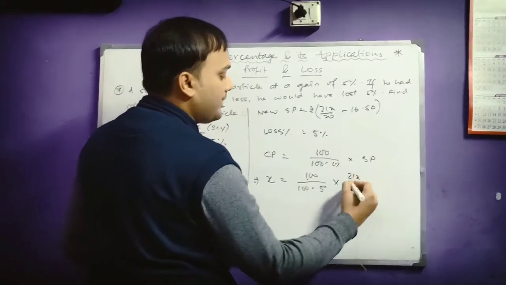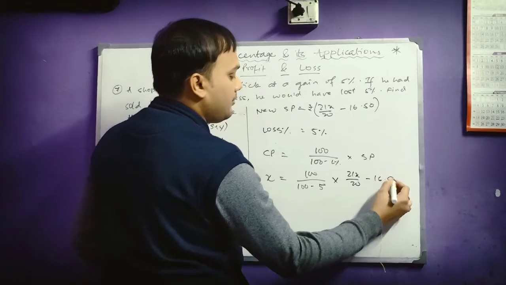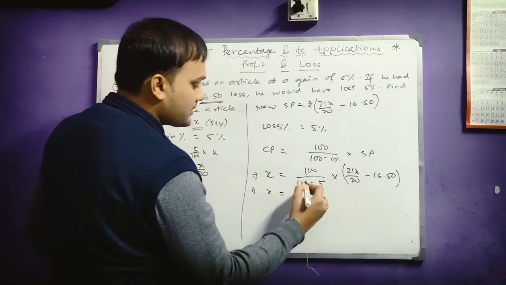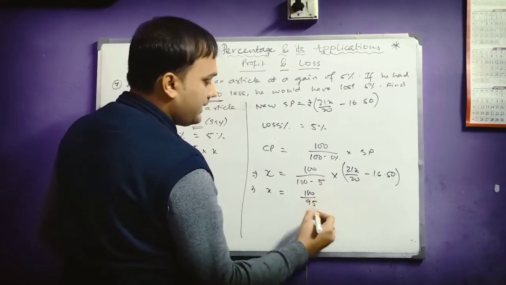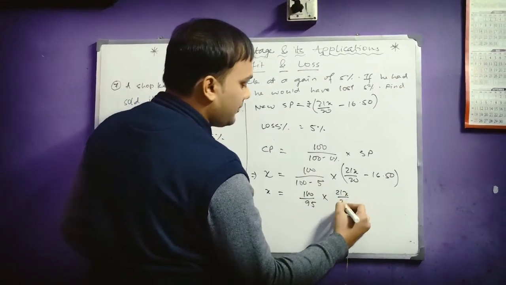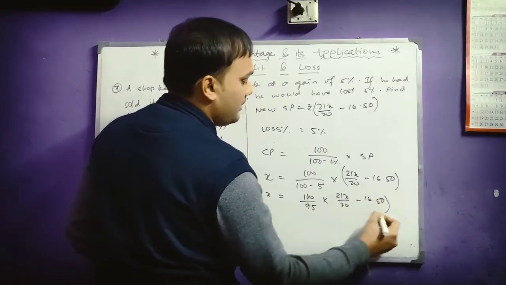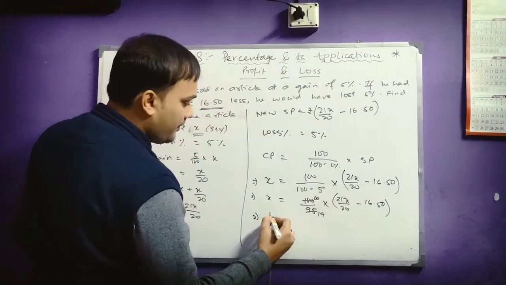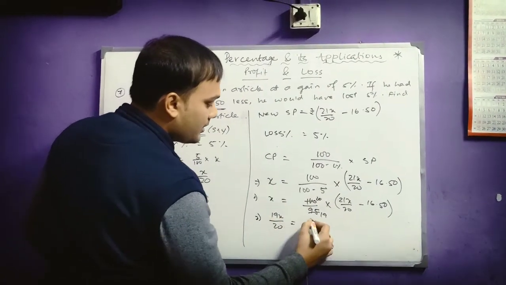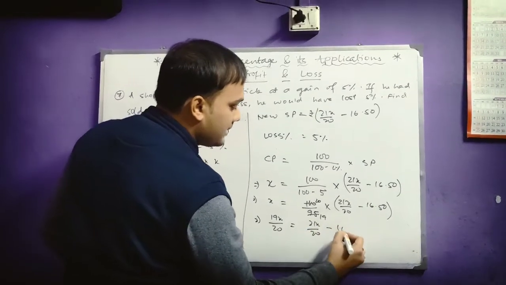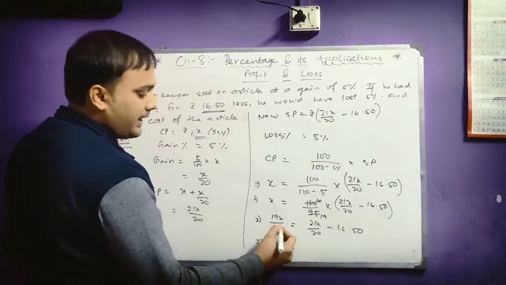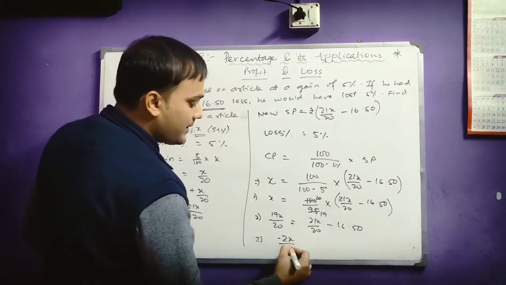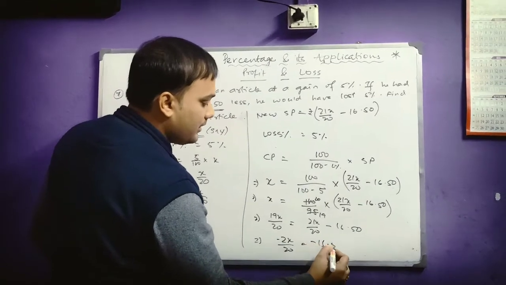That will be X, and then 100 by 100 minus 5%, as the loss is 5%, into SP, and we have got 21X by 20 minus 16.50. So do the calculation here. You will get X equals 100 by 95 into 21X by 20 minus 16.50. So it will be 20 by 19, which gives 19X by 20 equals 21X by 20 minus 16.50. So 19X by 20 minus 21X by 20 equals minus 2X by 20 equals minus 16.50.